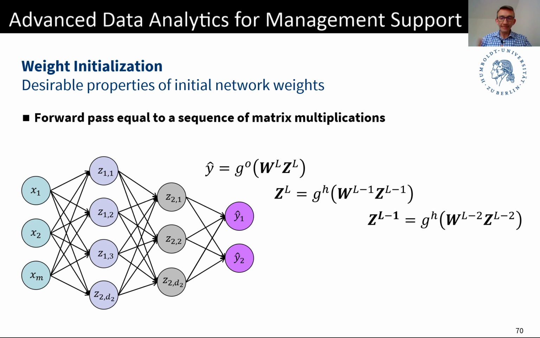So we always have input times weights, added nonlinearity, times new weights, added nonlinearity, times new weights, and so on. We have these chains of matrix multiplications within any neural network. The deeper it is, the longer this chain.